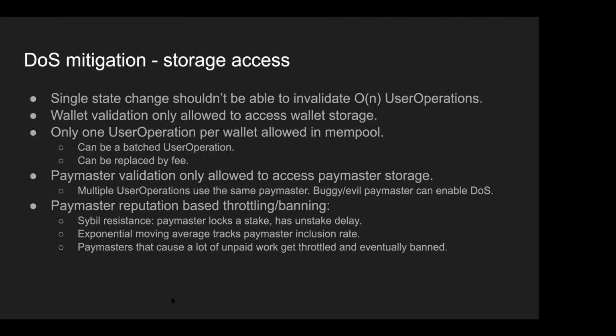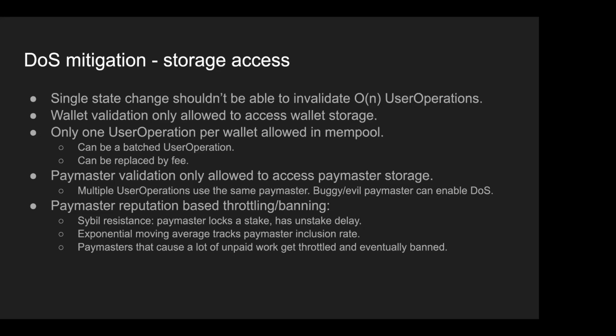So this is Sybil resistance, and now that we have Sybil resistance, we can have reputation. So we calculate it by calculating an exponential moving average that tracks the Paymaster inclusion rate. This means that we divide the number of ops included by the number of ops that were seen.